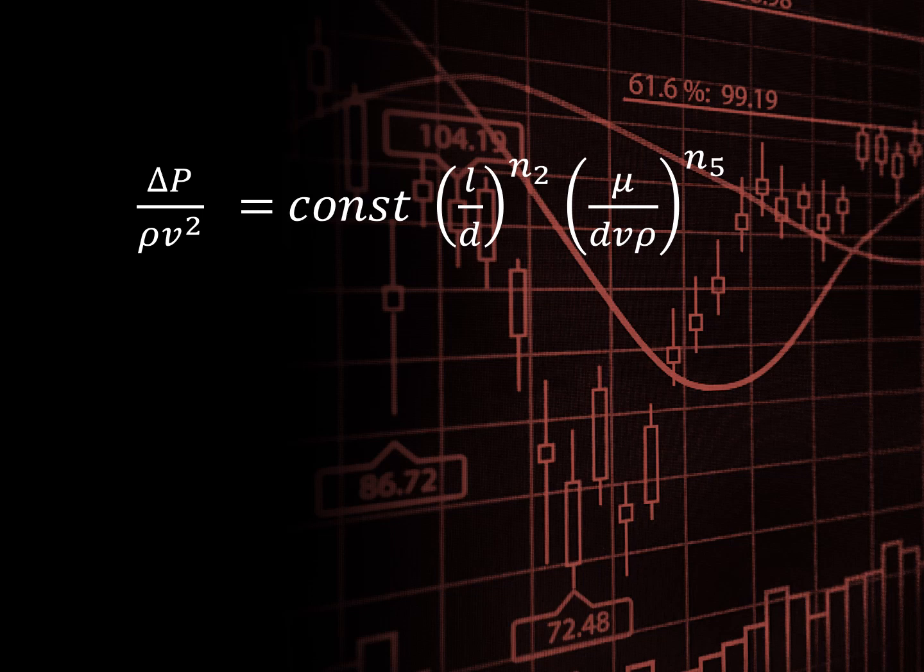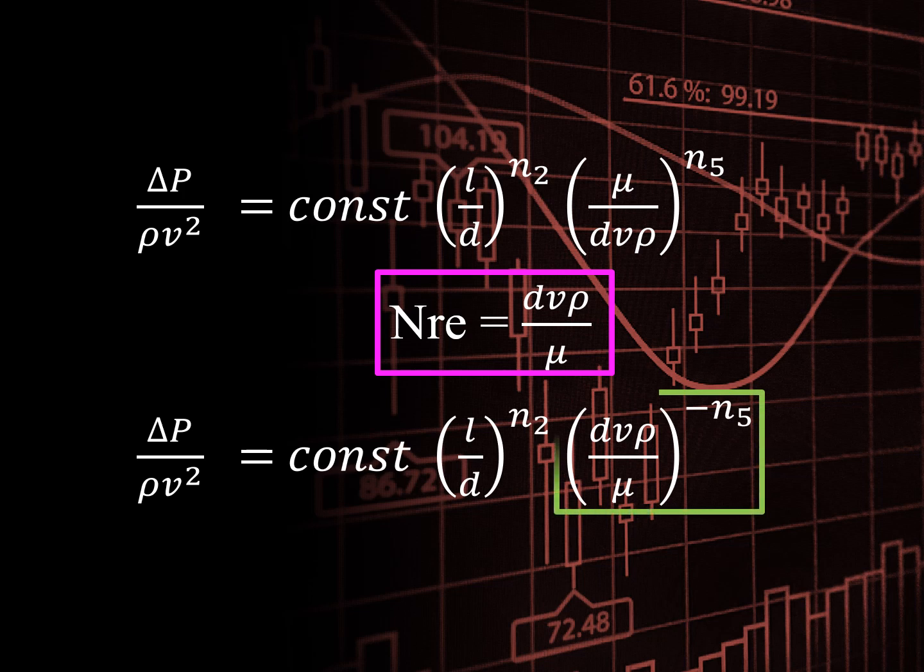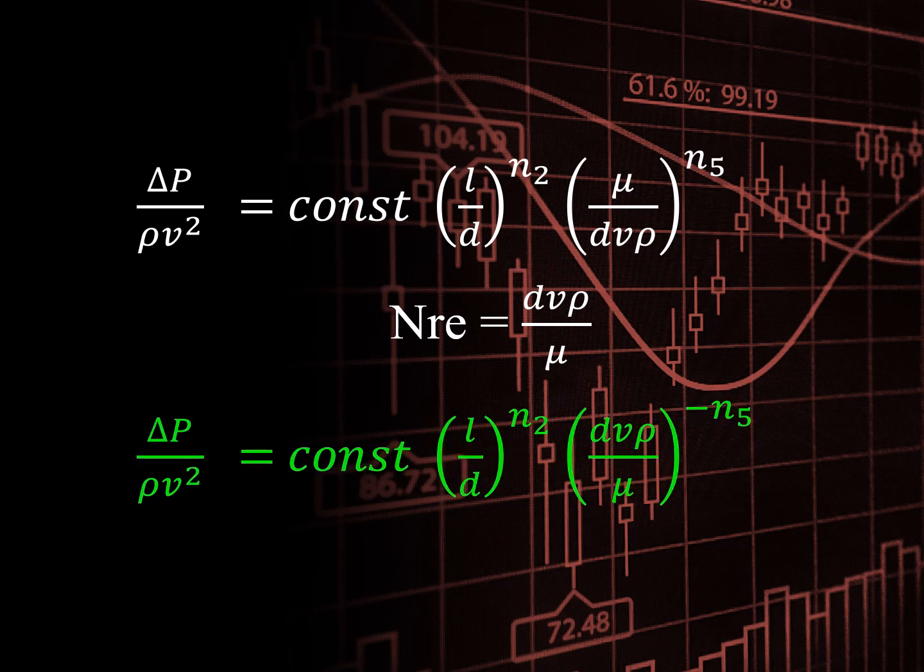Now we know that the equation for the Reynolds number is D times V times rho over mu. So if we convert the term to its inverse form, we will be having D V rho over mu raised to negative N5.